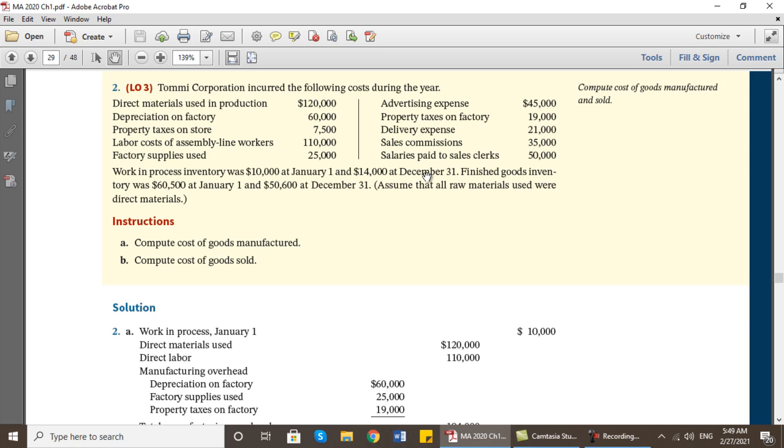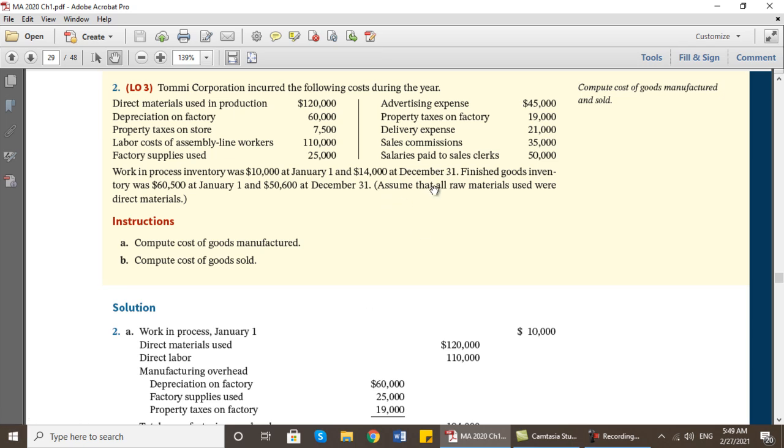As the period is 1 year, the data is for a year. As the balances at the beginning of the year, January 1st. As the balances at the end of the year, December 31. Also, finished goods inventory, beginning of the year and ending of the year.